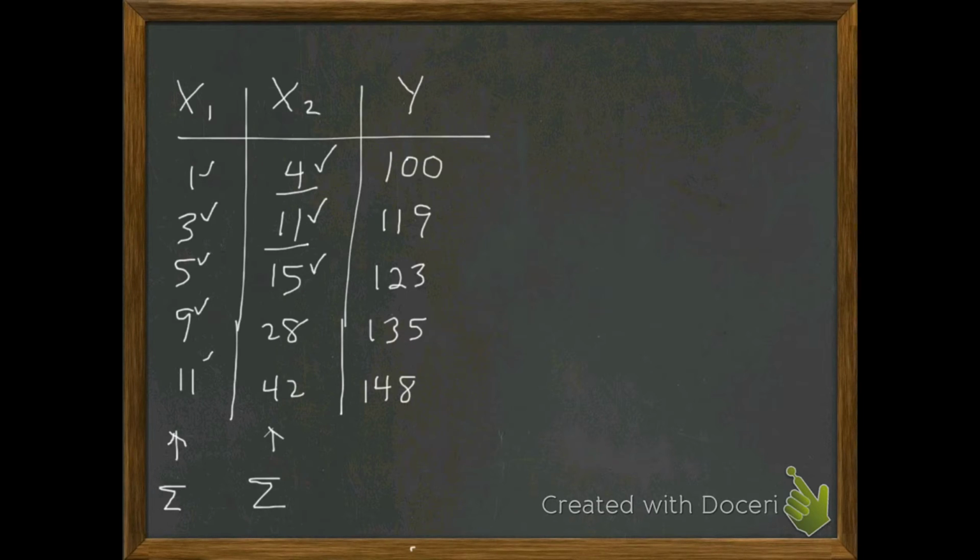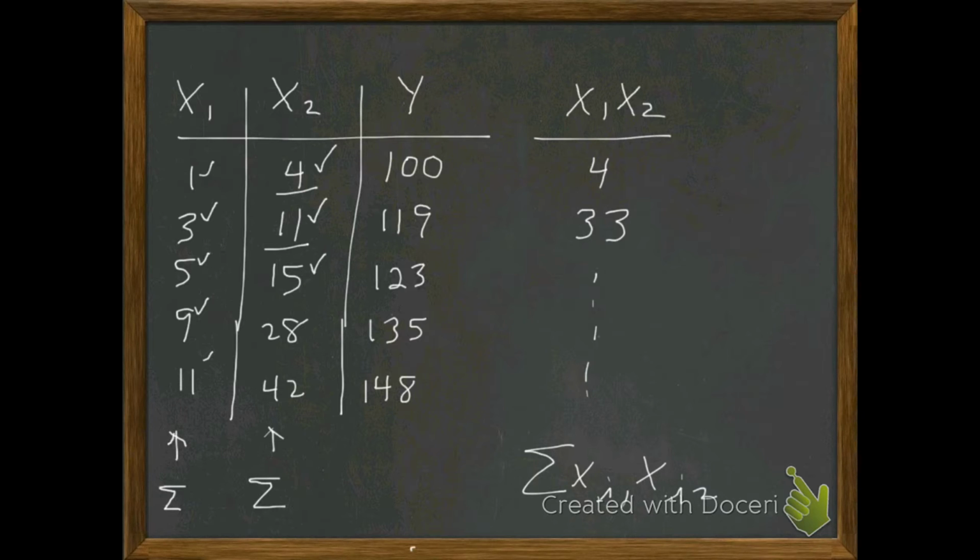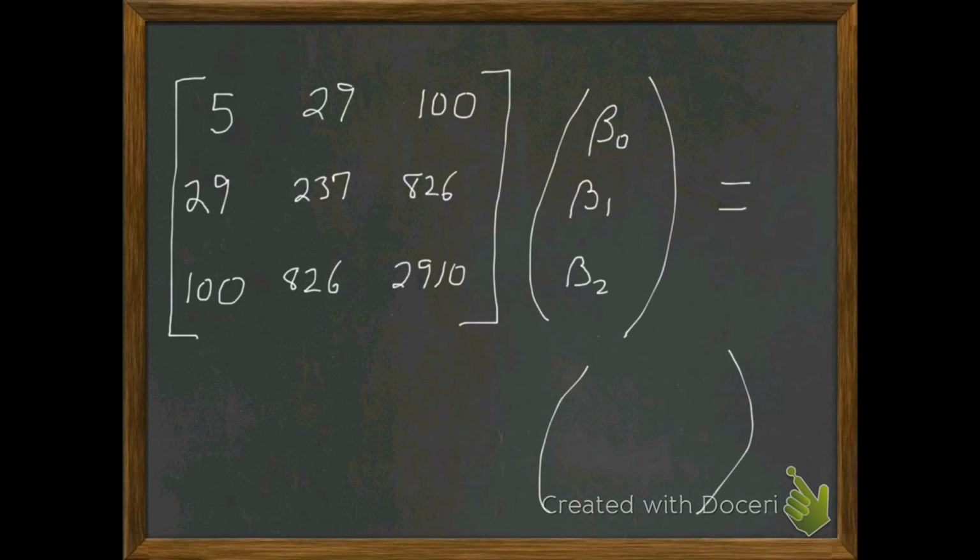So if I'm going to take x1, x2 and sum it up, I'm going to take 4, 33, and so on and so forth. It may be worthwhile to run through that. Obviously I think it is, because I'm doing it.